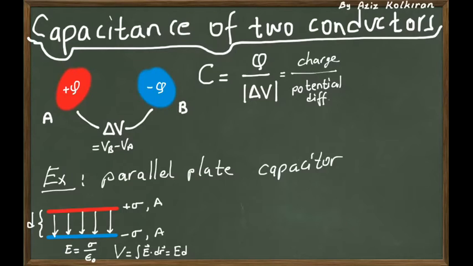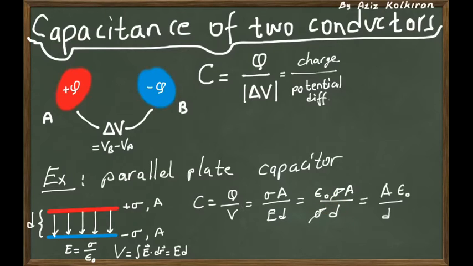If you apply this formula to find the capacitance, you will find sigma A divided by E d, and E can be replaced by sigma divided by epsilon 0, so that we can get rid of the two sigmas in the numerator and denominator. So you have A, the surface area of these plates, times epsilon 0, a physical constant, divided by the distance between the plates.